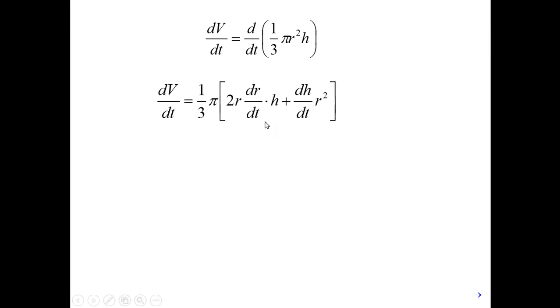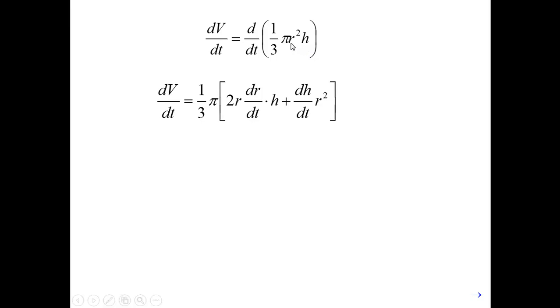Make sure you see what's going on. So the left side turns to dV/dt. The right side, 1/3 pi, I left on the outside because it's a constant. Now to take the derivative of r squared h, we have to use a product rule.